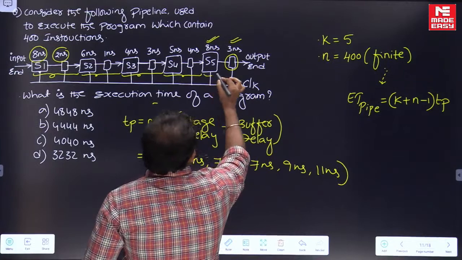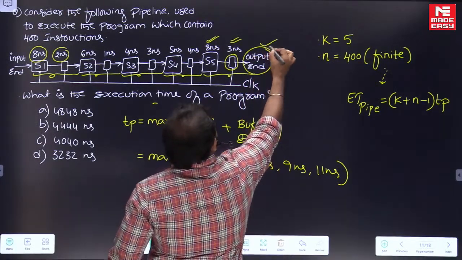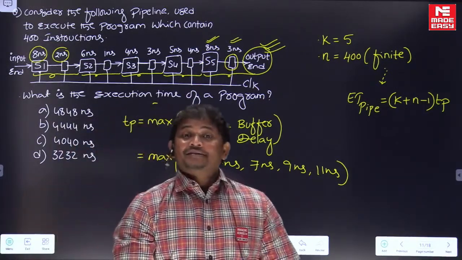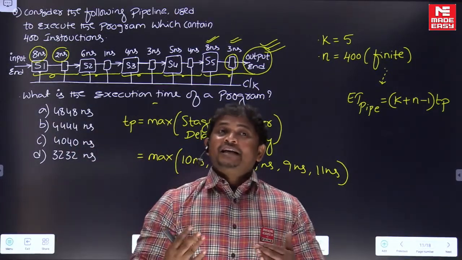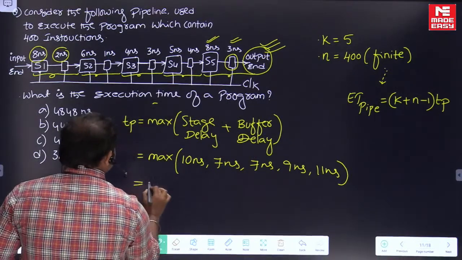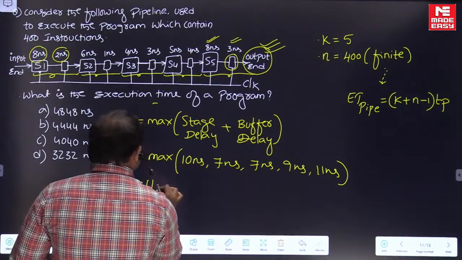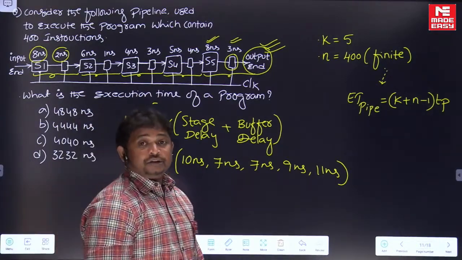After this the output will be available. So this is the cycle time analysis: maximum of stage delay plus buffer delay. Now the max of these is 11 nanoseconds. Now TP is 11 nanoseconds.